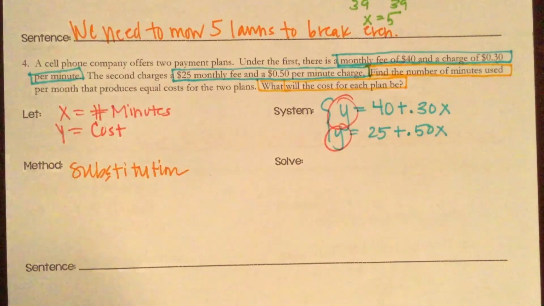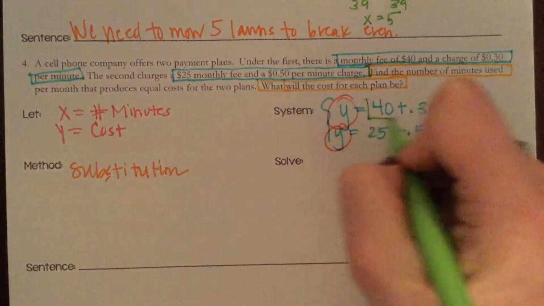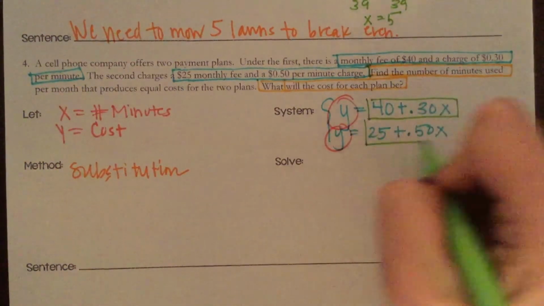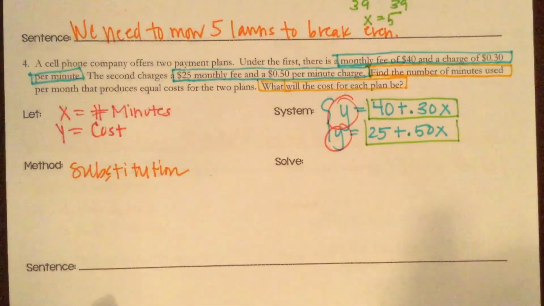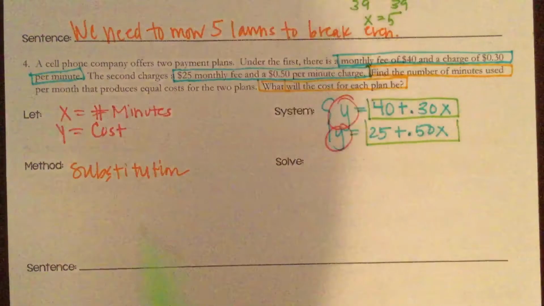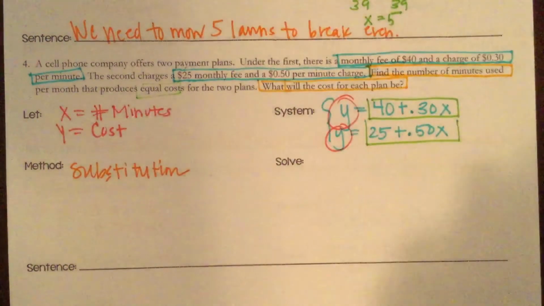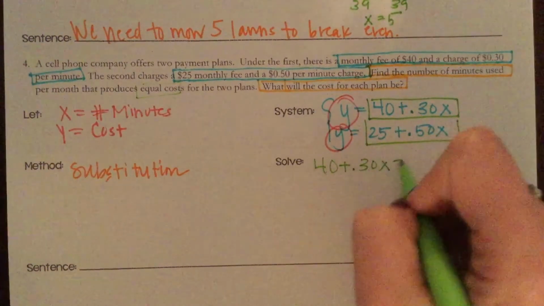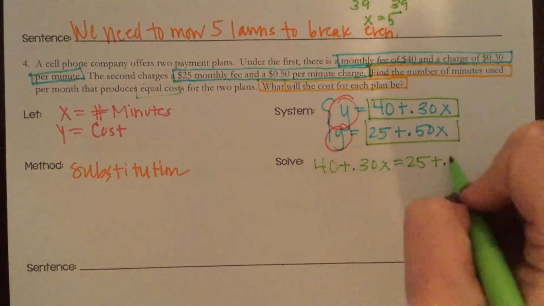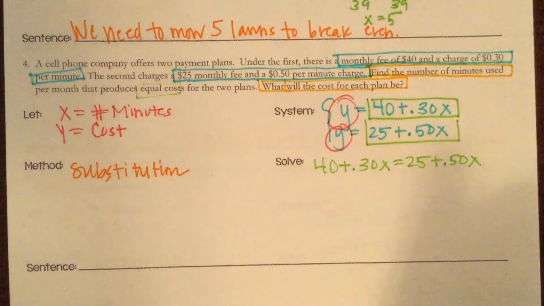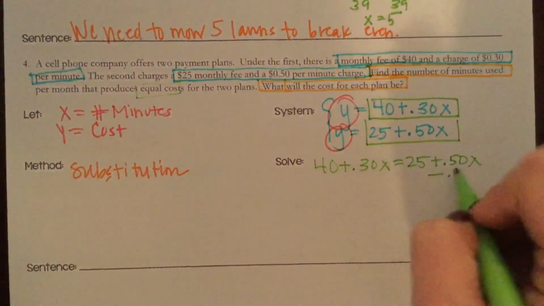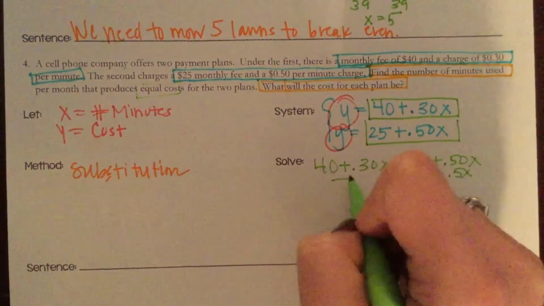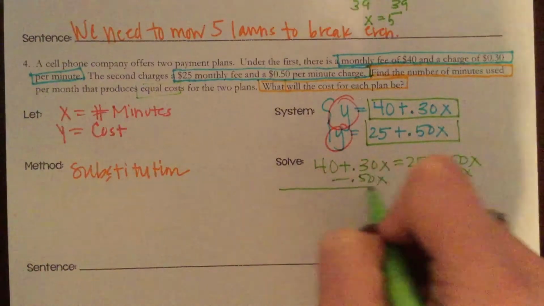Right? Again, I know that y is equal to 40 plus 0.30x. I know y is equal to 25 plus 0.50x. I wanted to know when we will have equal cost, so I can set these equal to each other. 40 plus 0.30x is equal to 25 plus 0.50x. Okay. Combining our like variables, subtract the 0.50x on both sides.